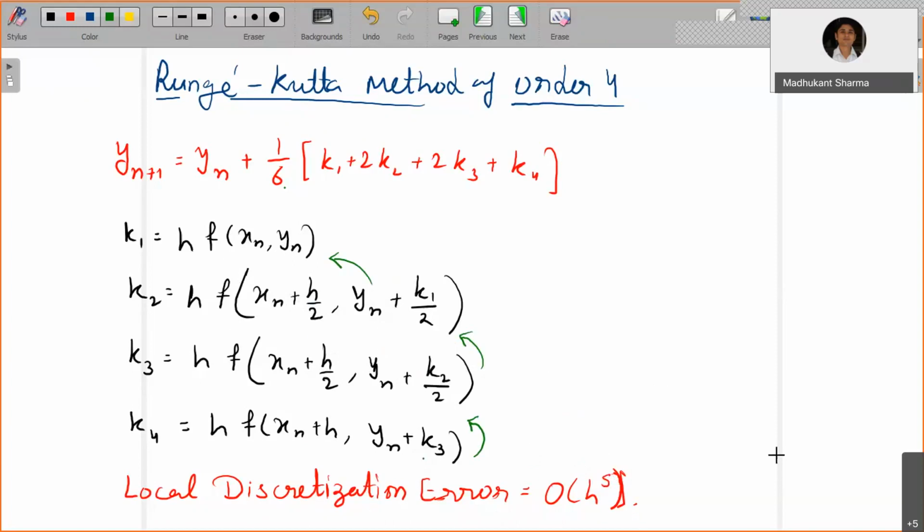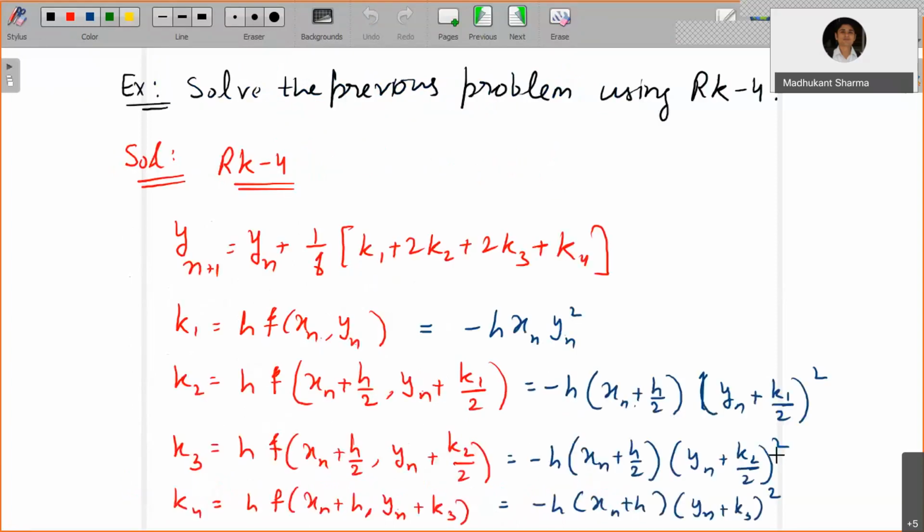Now let's look at the example. We are going to solve the previous problem using RK4. We have skipped RK2 because it matches with Taylor's method of order 2, and it is going to give you the same value. The only advantage in RK2 is that you stick with only function evaluations, which is a big advantage.